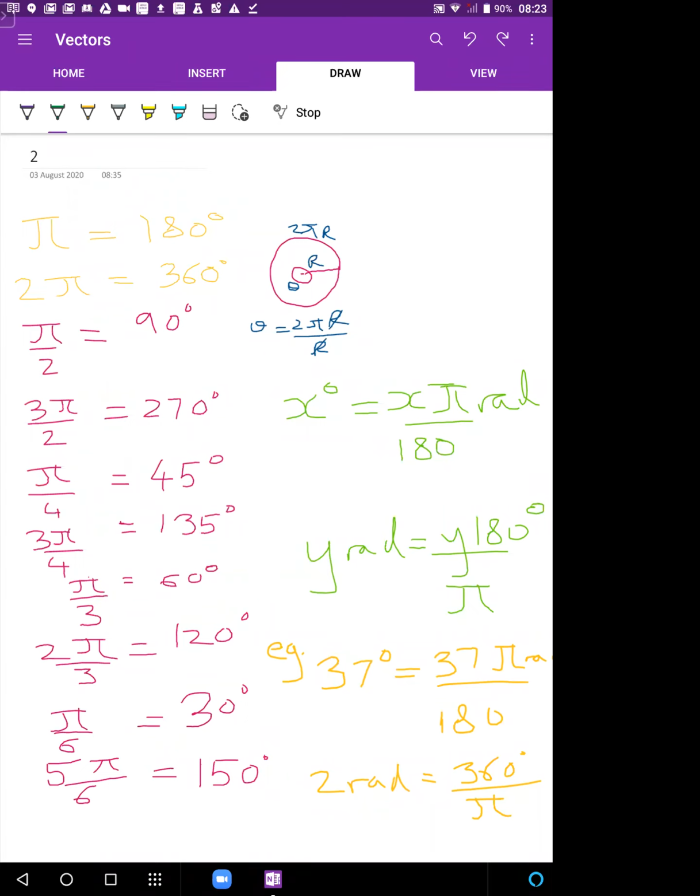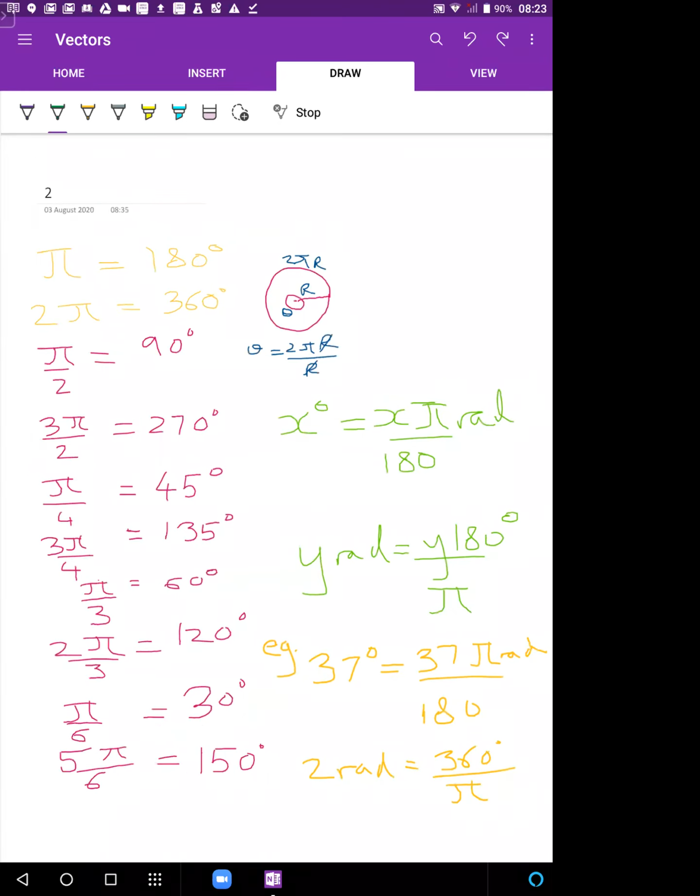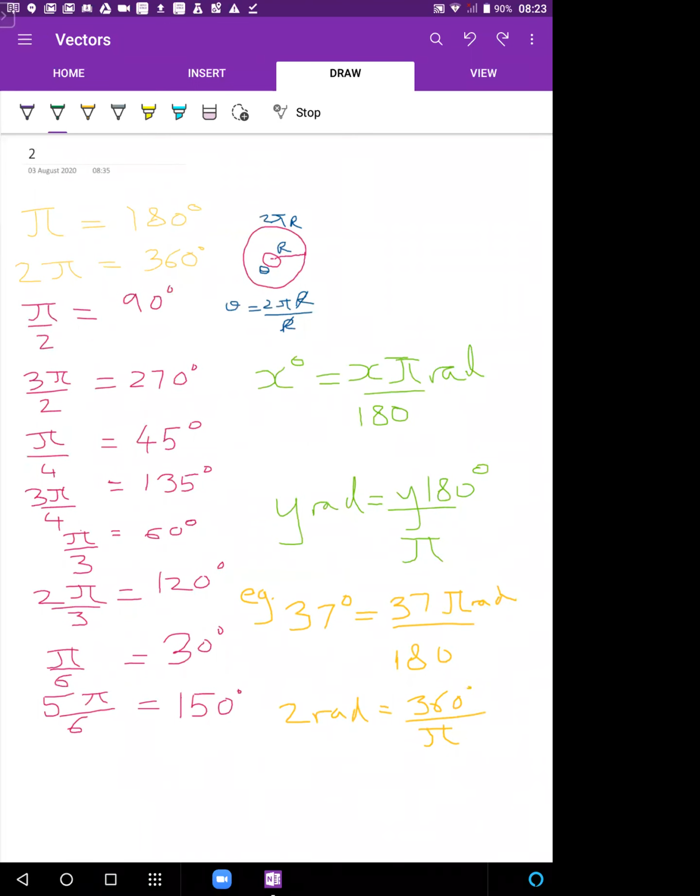Now see how to convert, a very simple way. First, by unitary method, look at all your standard angles. If pi is 180, 2 pi is 360, right? Pi by 2 is 90. Okay, familiarize yourself with that.